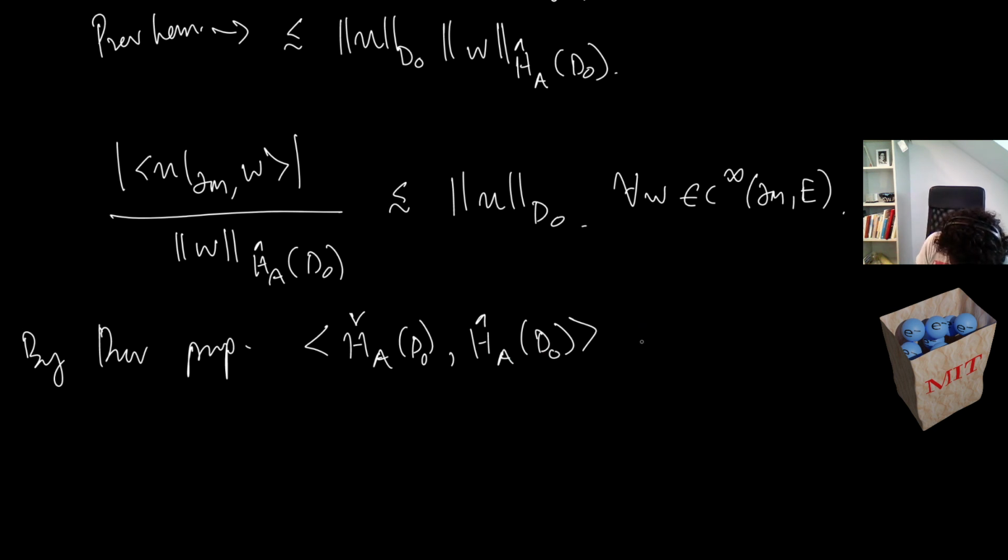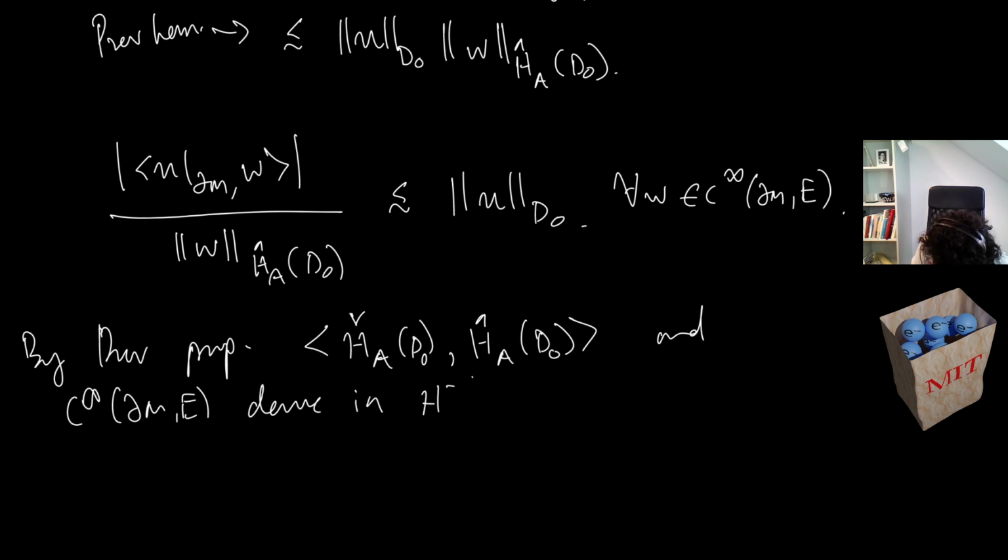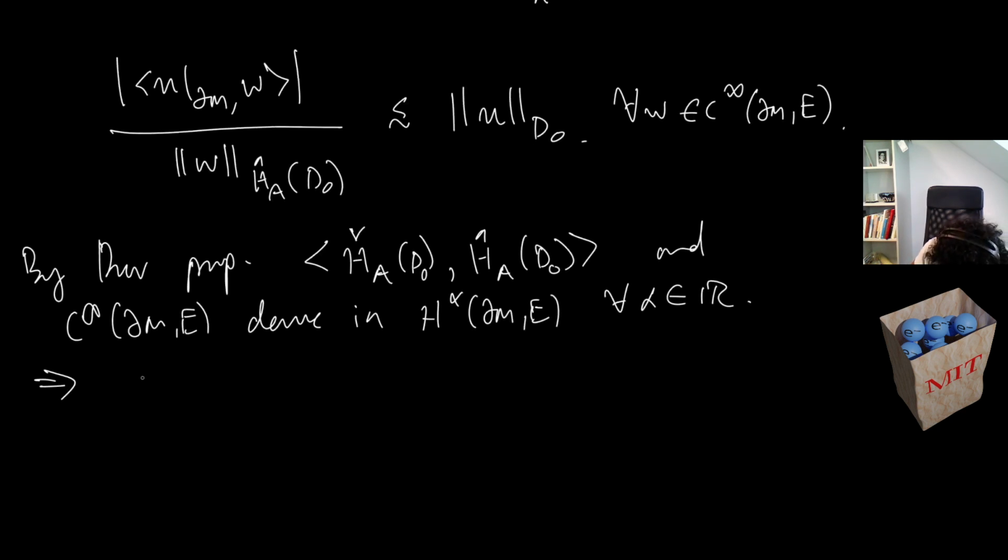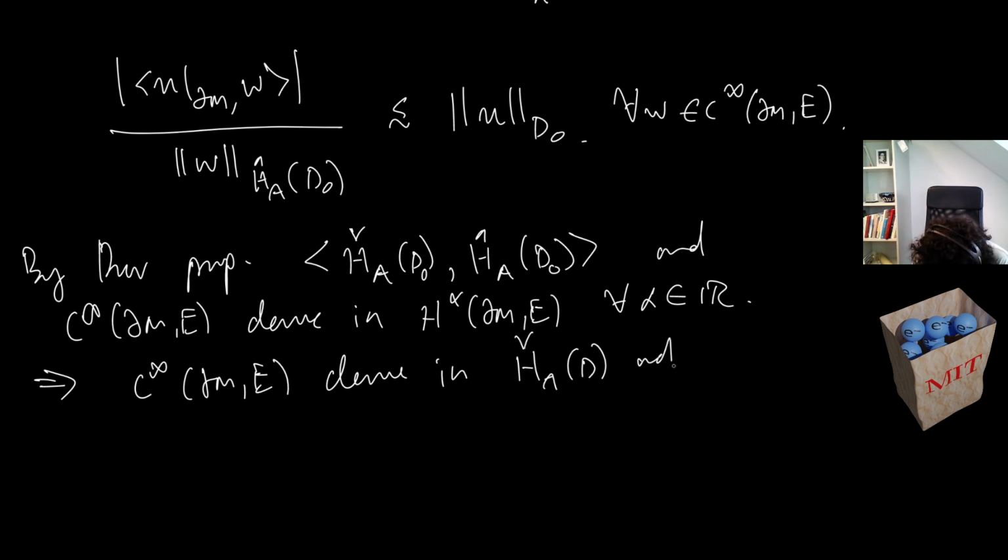And we have C infinity of M dense in h minus h alpha partial M for all alpha in R. So that implies that C infinity partial M of E is dense in h check A of d naught and h hat A of d naught.